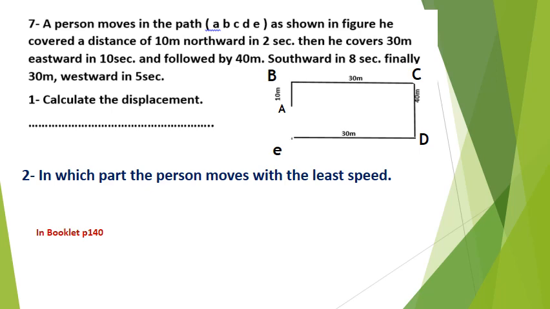Then he covers 30 meters eastward from B to C in 10 seconds, and followed by 40 meters from C to D southward in 8 seconds. Finally, 30 meters westward in 5 seconds, which means from D to E. Number 1, he asks you to calculate the displacement.